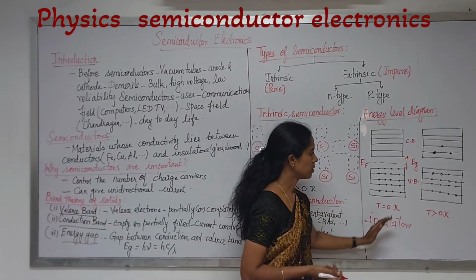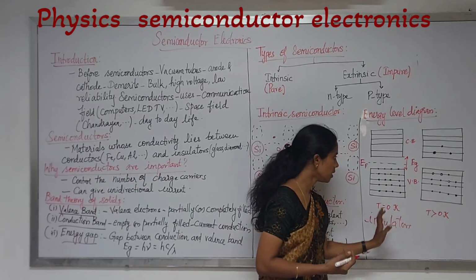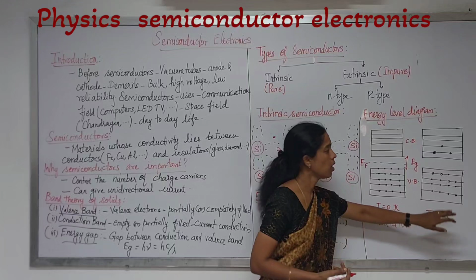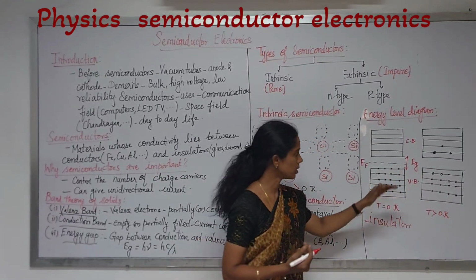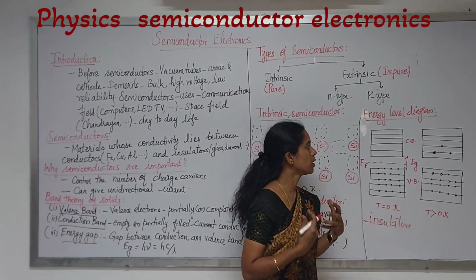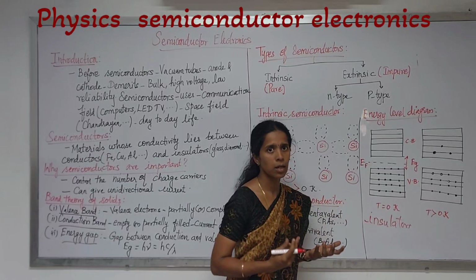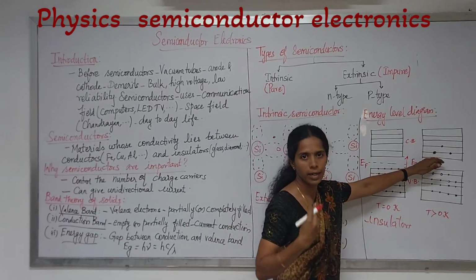What happens when we increase the temperature above 0 Kelvin? The electrons in the valence band can gain energy, and whenever electrons are excited, they go to a higher orbital level, which is the conduction band.